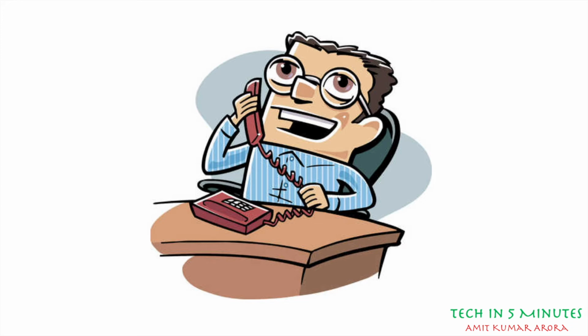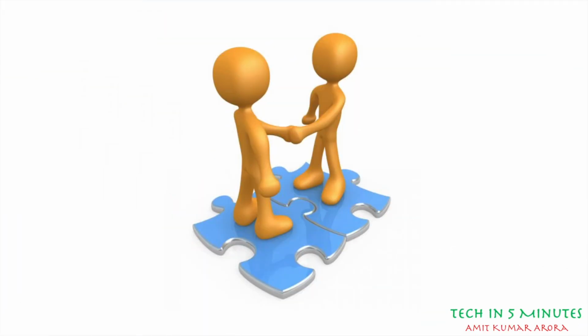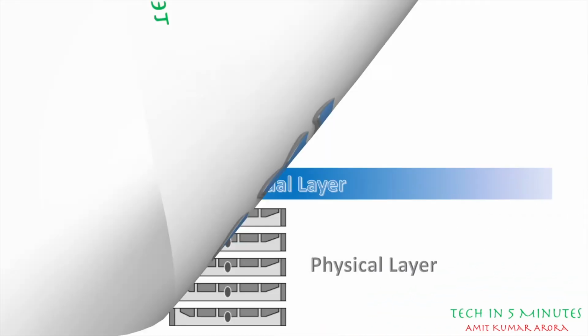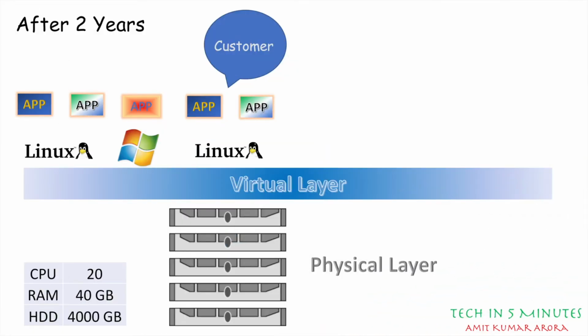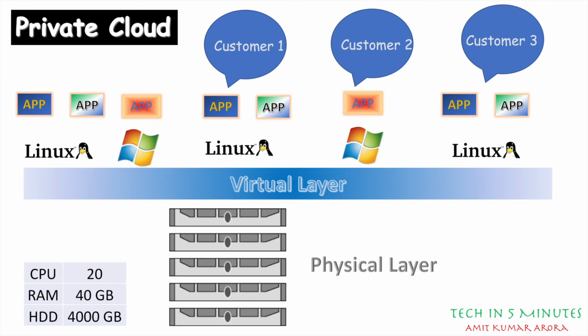He was going to invest in purchasing new servers, but our CEO suggested to use their infrastructure and deploy the apps. Both agreed, and the new startup started paying rent for the machines. After some time, they got more customers for their infrastructure. This now became a private cloud.